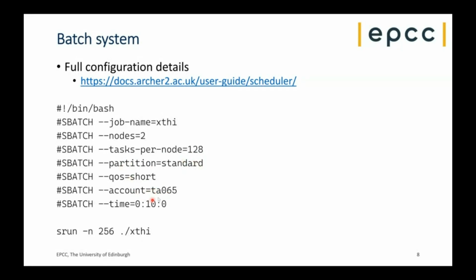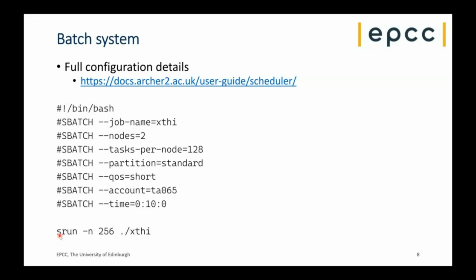So here, for those of you using the project for this course, that would be TA105, and how long at maximum I want that job to run for. And so this stuff at the top tells the batch system how to run my job.